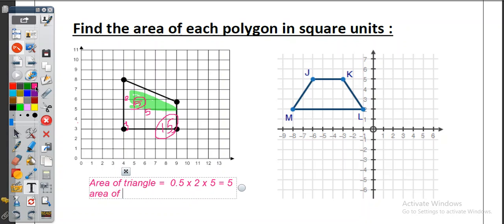Area of the rectangle equals 5 times 3, which equals 15. So the total area equals 15 plus 5, which is 20 squared units.